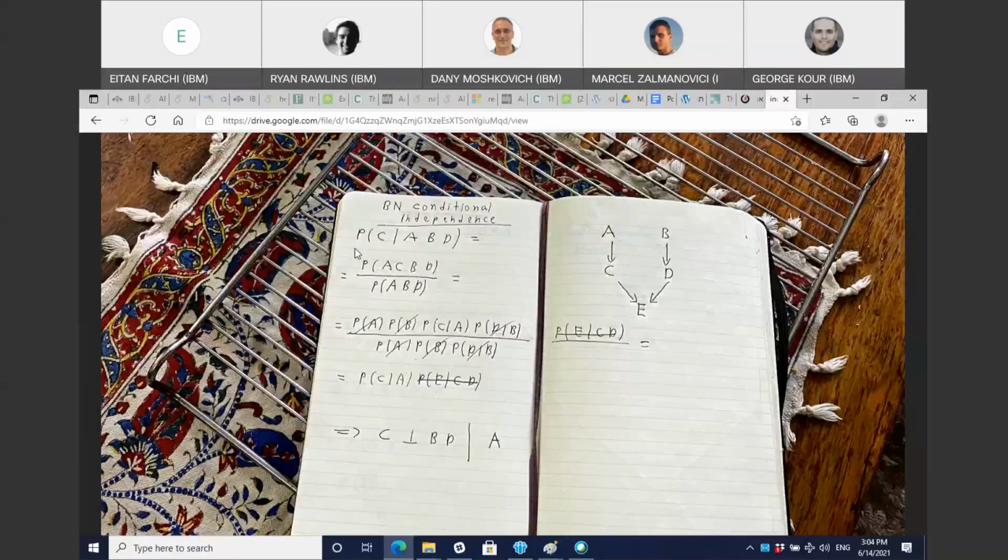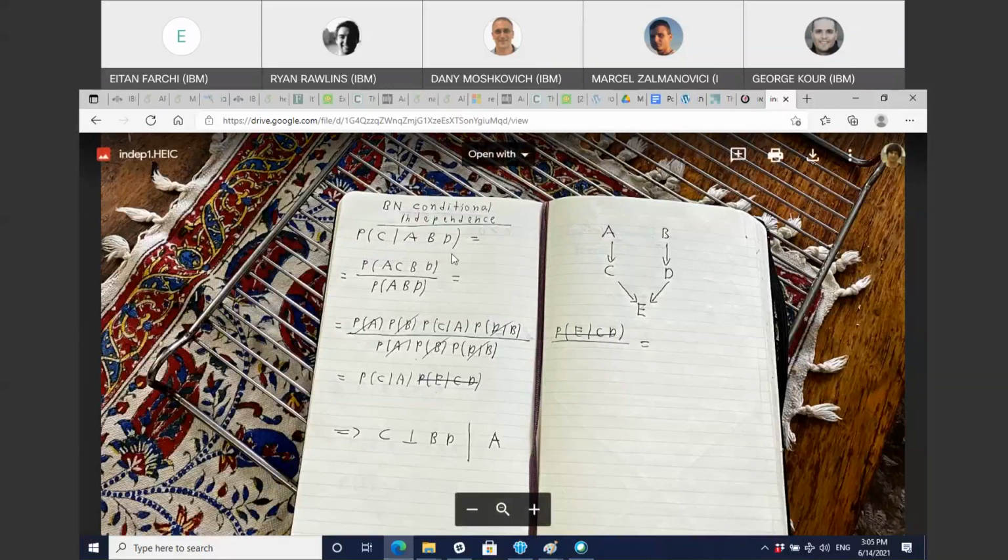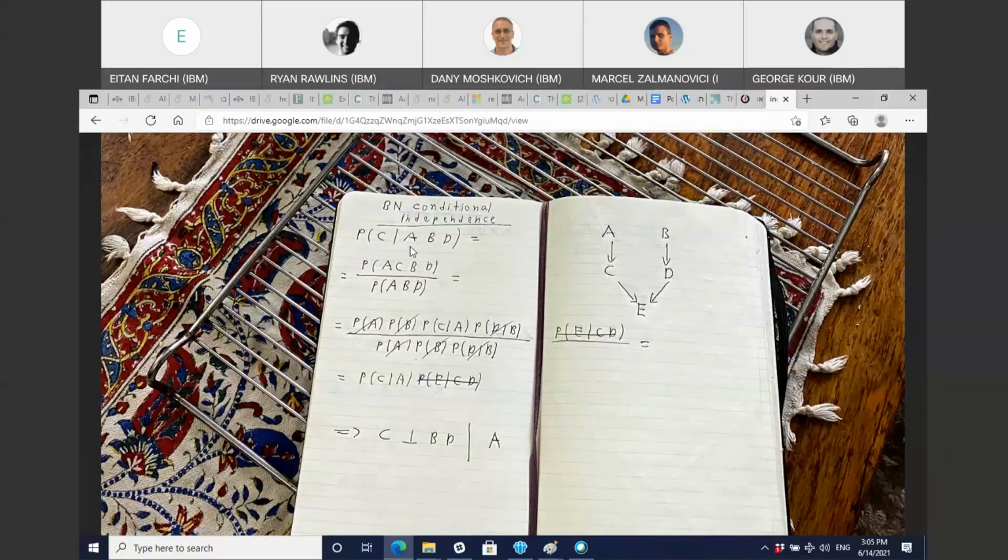So what is the probability of C given A, B, and D? The joint probability of C, A, B, and D is the probability that A, B, and D happens, and then given A, B, and D, the probability that C happens.